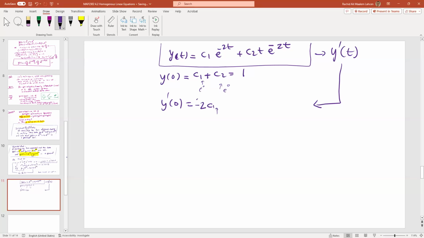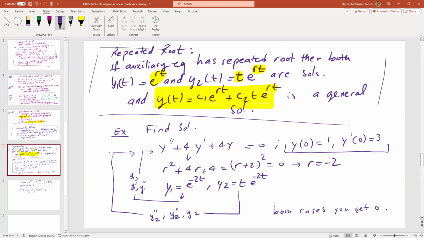You should get -2C1, and of course the e power 0 will be there, plus C2 and e power 0 will be there, minus 2C2 times 0 times e power 0 will be there, equal to 3.